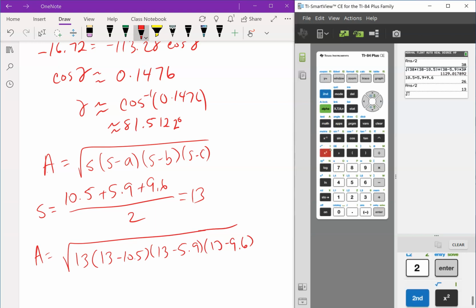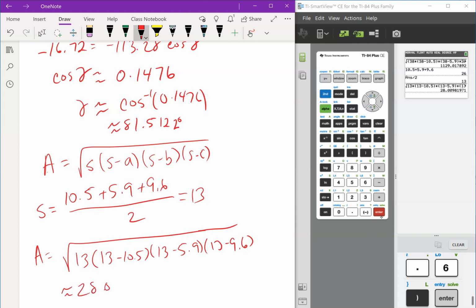So I'll do that all at once. 13 times 13 minus 10.5, oops, 10.5, not 1.05, times 13 minus 5.9 times 13 minus 9.6. And we get 28.0098 again.